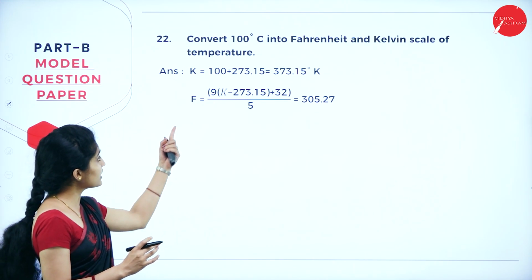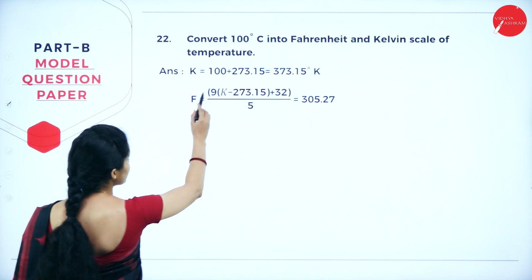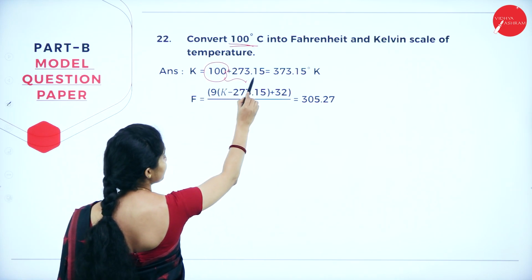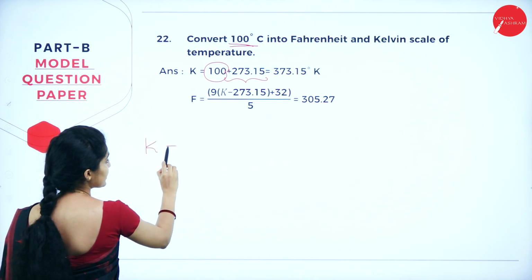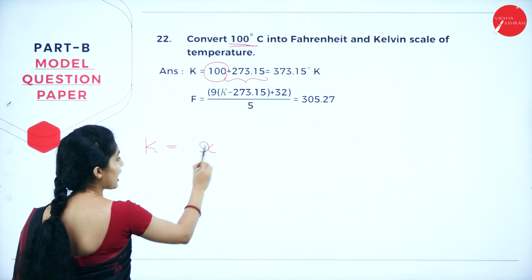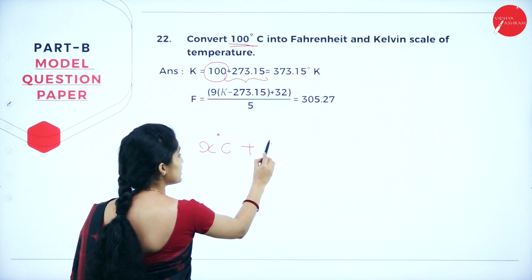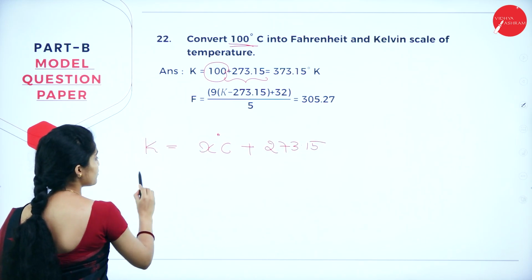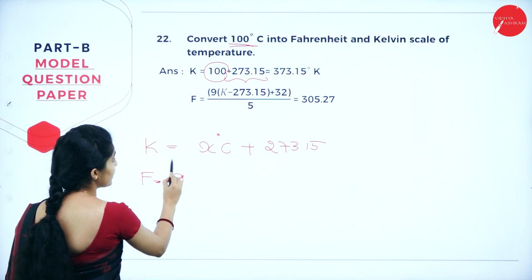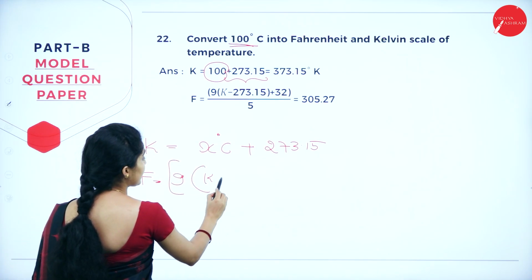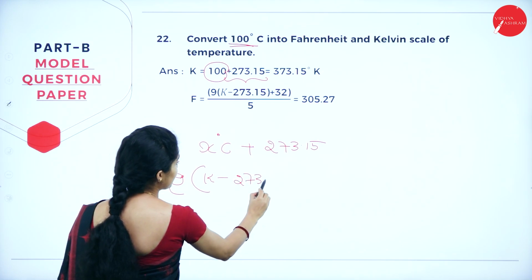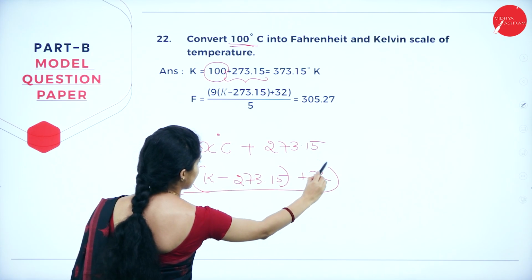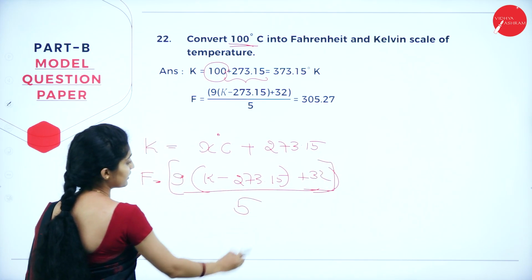So here these are the two formulas, wherein you consider the temperature given here, and the way of converting is K is equal to whatever temperature you have in degrees Celsius plus 273.15 is the formula, and for Fahrenheit we have 9 into [K minus 273.15] plus 32, divided by 5.